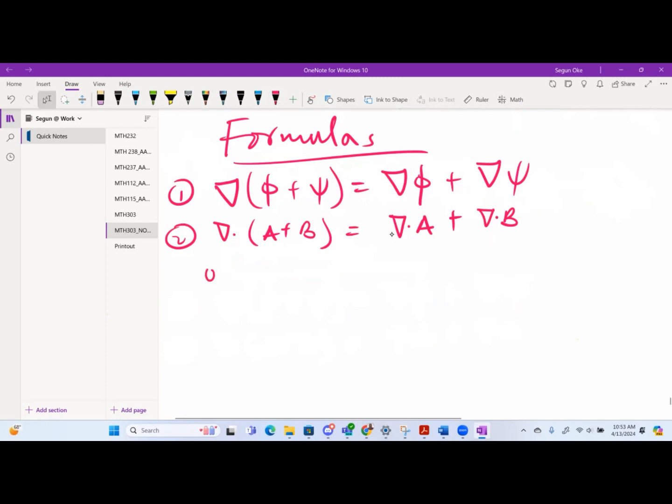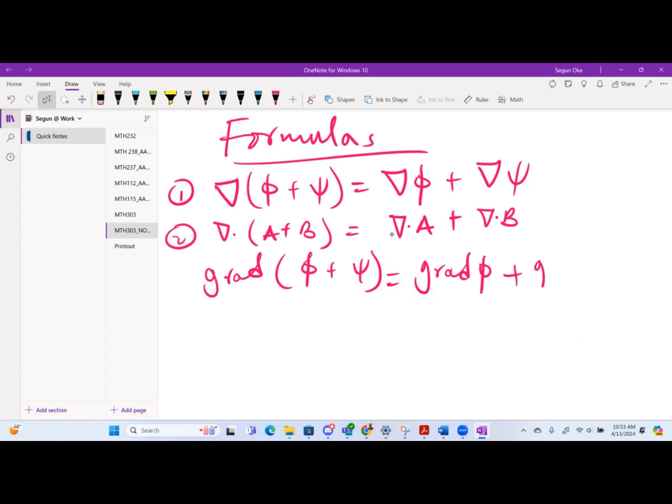Then when you have grad of phi plus psi, it will give us grad phi plus grad psi. So you can see the two.